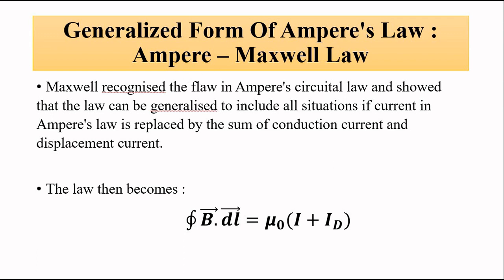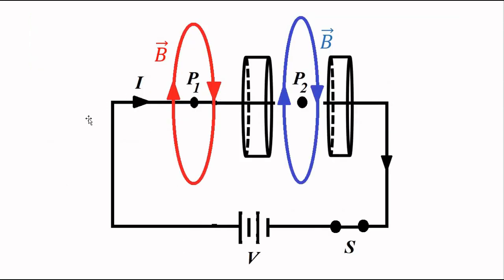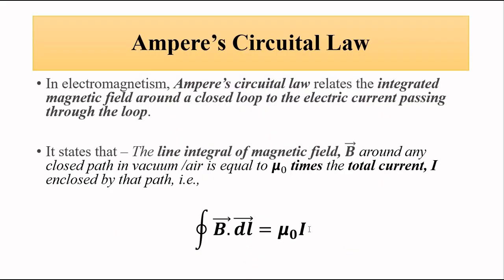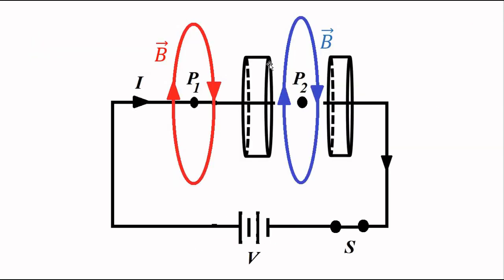So for the point P1 and all the points on this wire or current carrying conductor, the first law is valid: the line integral of B dot dl is equal to mu 0 I. And for all the points in the space between the two plates of the capacitor, this law is valid.